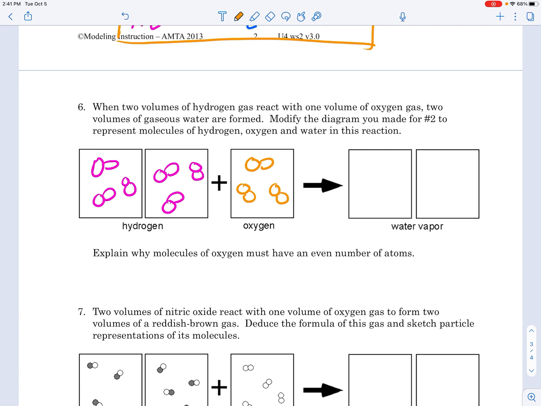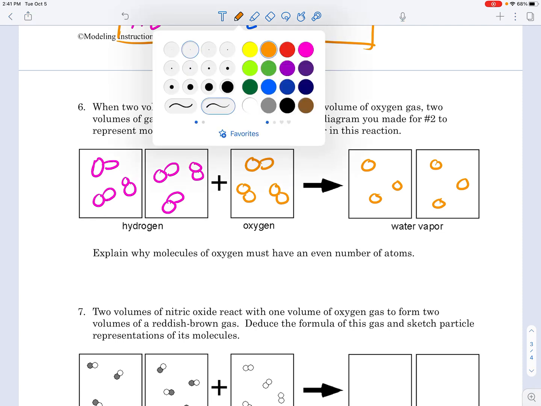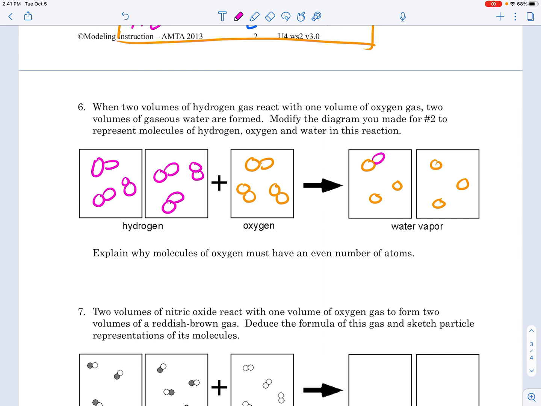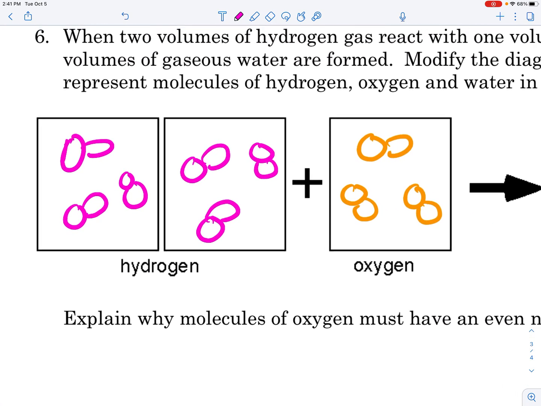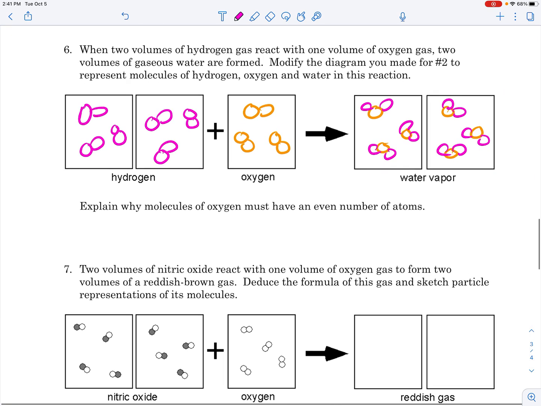And when hydrogen and oxygen combine, when we make our water vapor, we are going to make 3 molecules, and each molecule, you know that water is H2O, is going to have 2 hydrogens on it. Now, if you're doing this yourself, you may want to draw 4 or 5 particles in each container. It's really up to you.